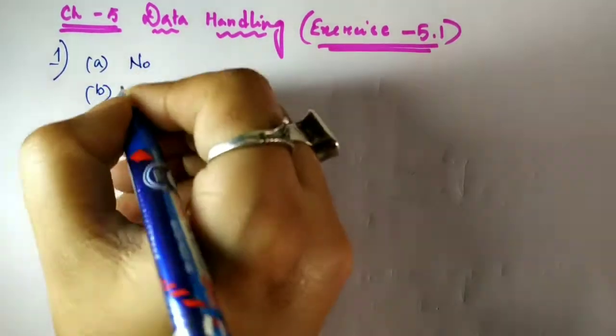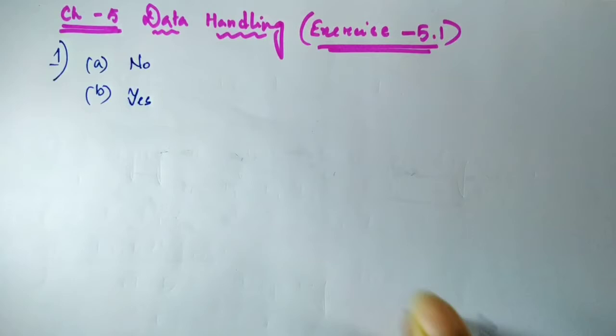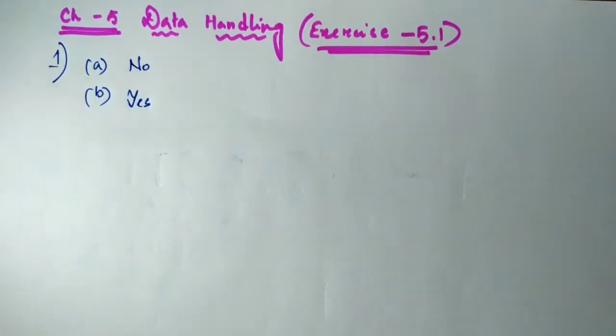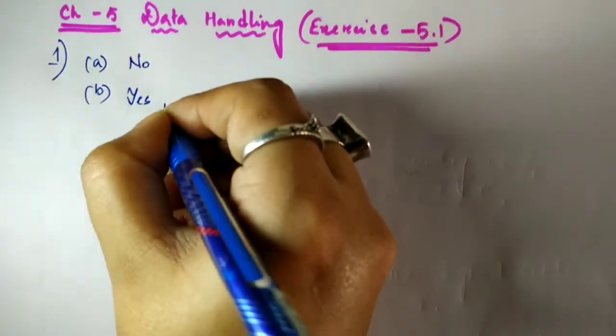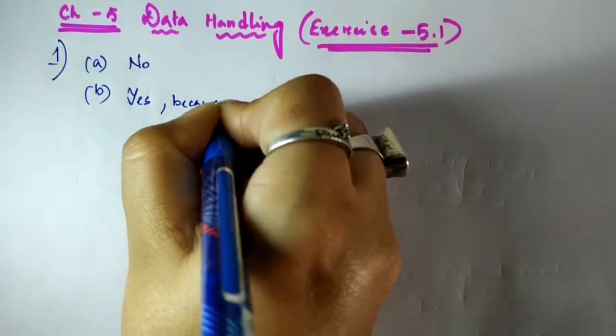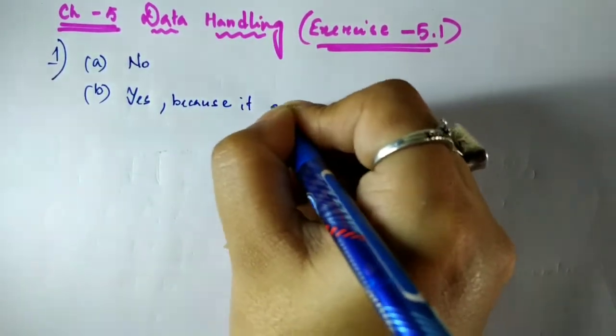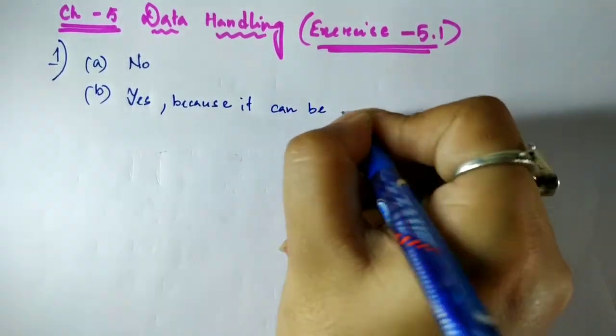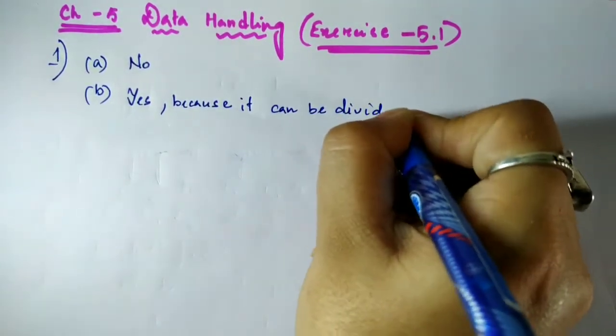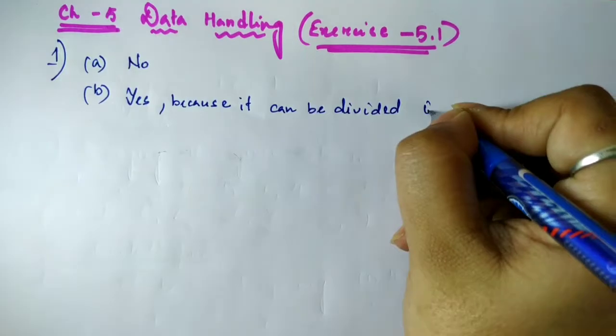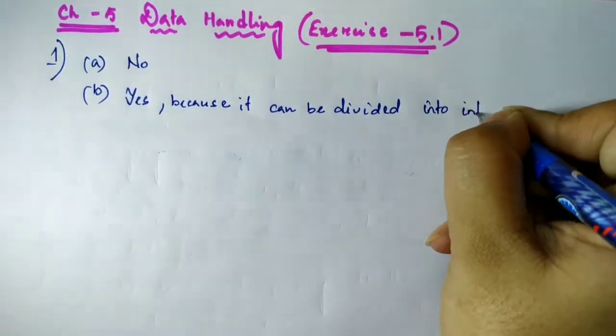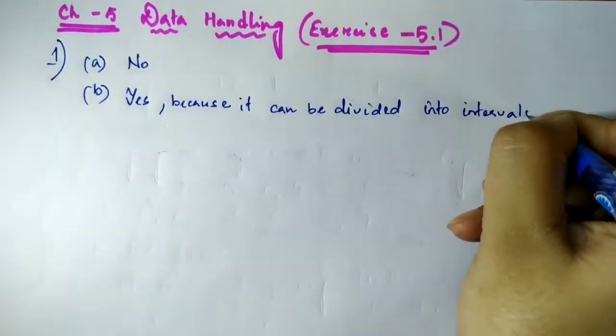So here, yes, we can demonstrate this particular set of data in a histogram. What is the reason? Yes, because it can be divided into intervals. You will write the reason for A also, why it cannot be divided into intervals. I'm just giving you a basic reason. You can write your own reason here.